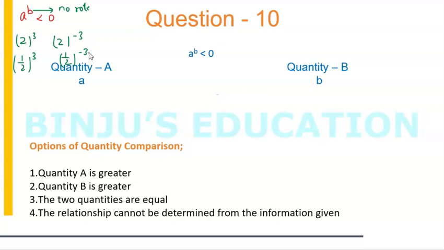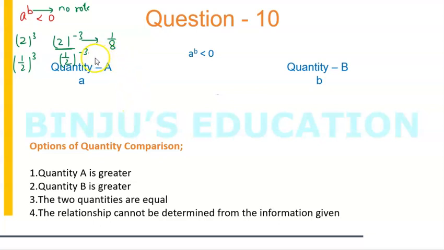Now, what's the value of 2 cube? 2 cube is 8. What's the value of half cube? Half cube is 1 over 8. What's the value of 2 to the power minus 3? This is like 1 over 8, because whenever you have a negative power, the entire expression goes in the denominator. And what about half to the power negative 3?